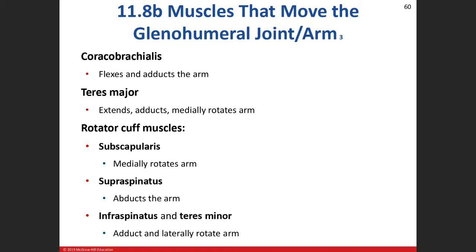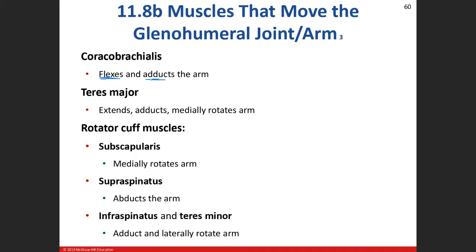Coracobrachialis, teres major. Those two muscles, again, when we're dealing with the glenohumeral joint: coracobrachialis attaches onto the coracoid process, and then it inserts onto the humerus. Because it's on the front, that's going to offer flexion primarily, and it's going to give you some adduction, so it helps to move your humerus closer to the midline.